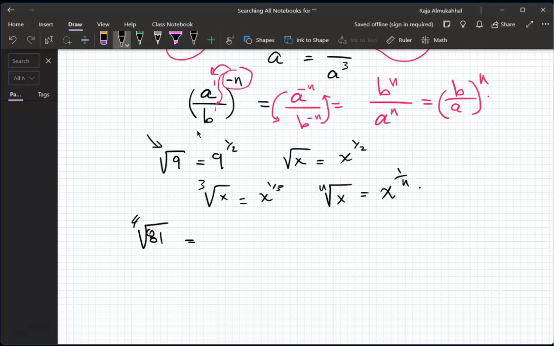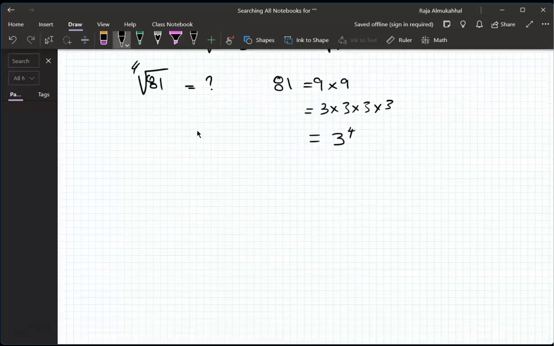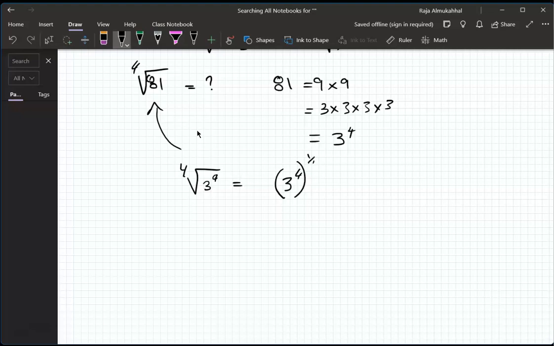Well, I know that 81 is equal to 9 times 9, and 9 is 3 times 3, so that will be 3 times 3 times 3 times 3, and that makes it 3 to the power of 4, right? And then I can go back to my root here, so it becomes the fourth root of 3 to the power of 4. Let me convert this fourth root into a power, so it becomes 3 to the power of 4, all of that to the power of 1/4.